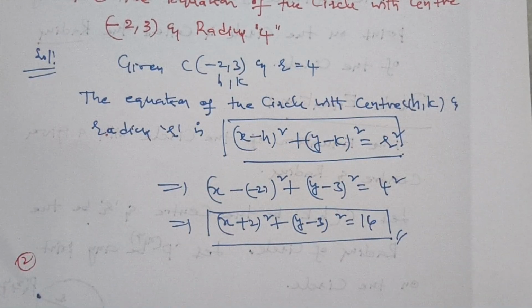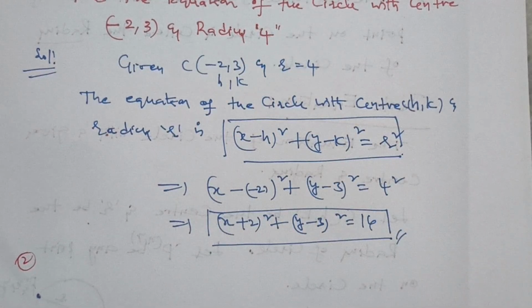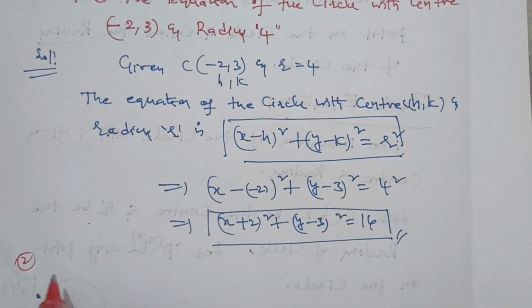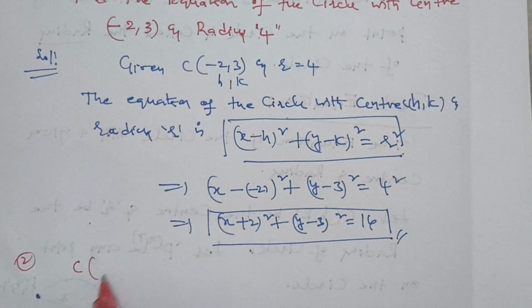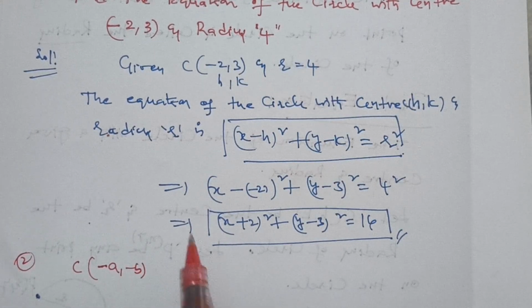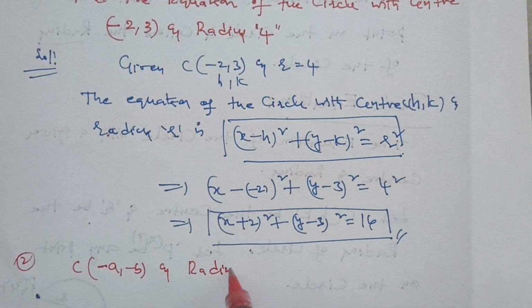Now look at the second problem on this same model. Find the equation of the circle with the center C minus a comma minus b and a radius square root a square minus b square.